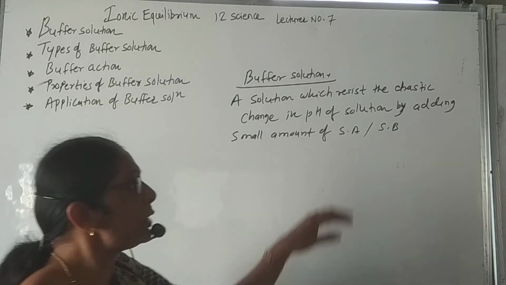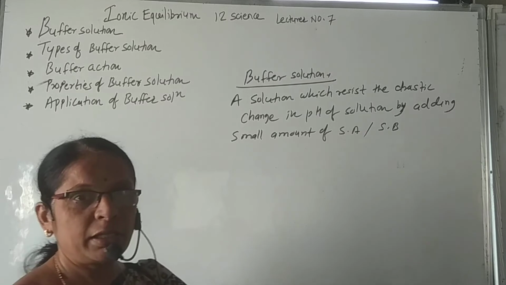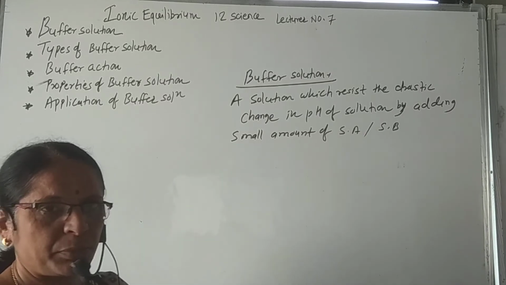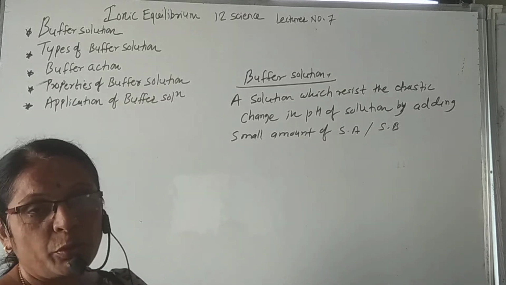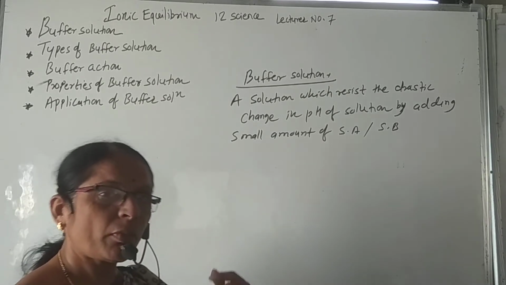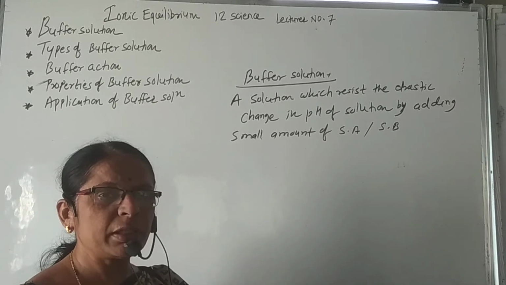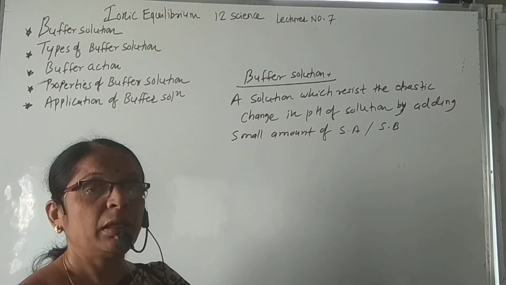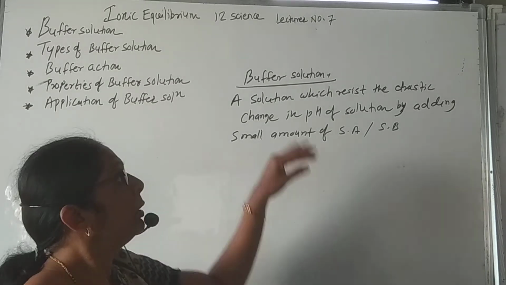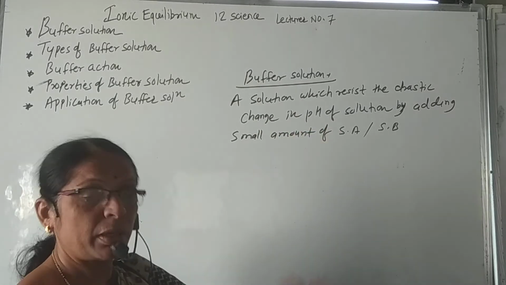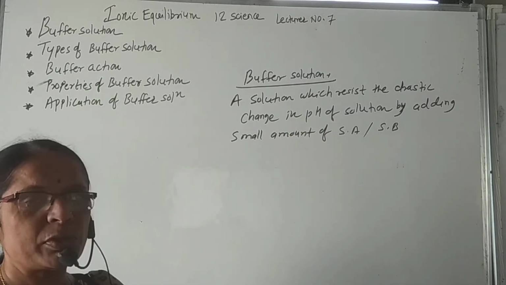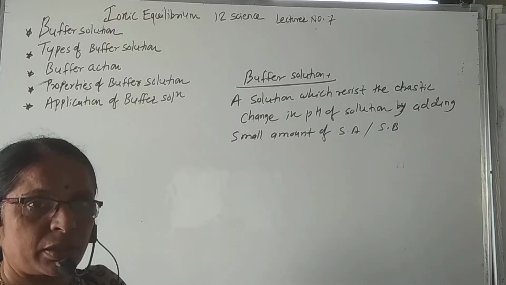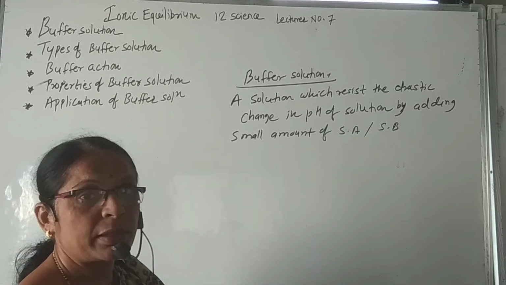So because of the addition of the strong acid, H plus increases, which means pH decreases. Because of the addition of the strong base, OH minus ion increases. The solution will resist this change in pH and keep the pH of the solution as it is, or constant. So that solution is called a buffer solution.